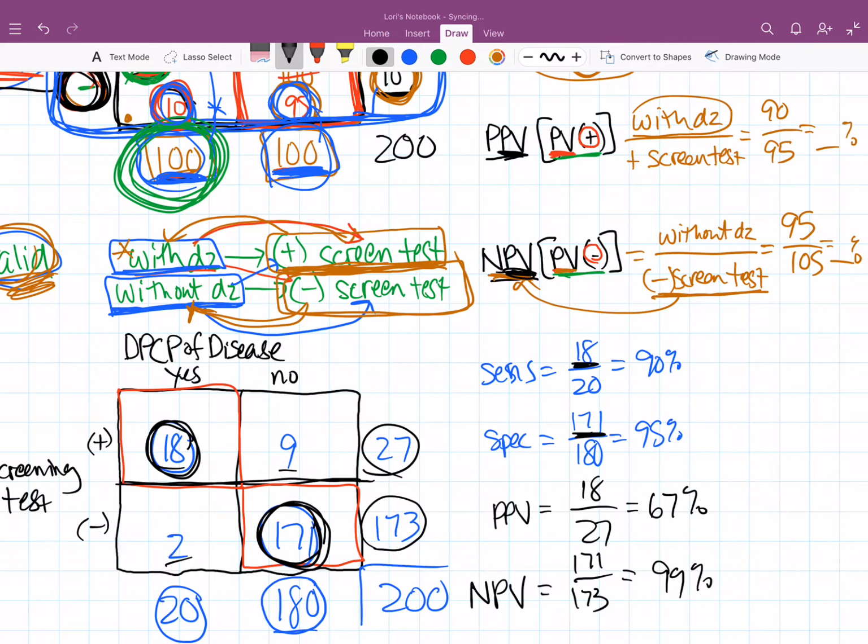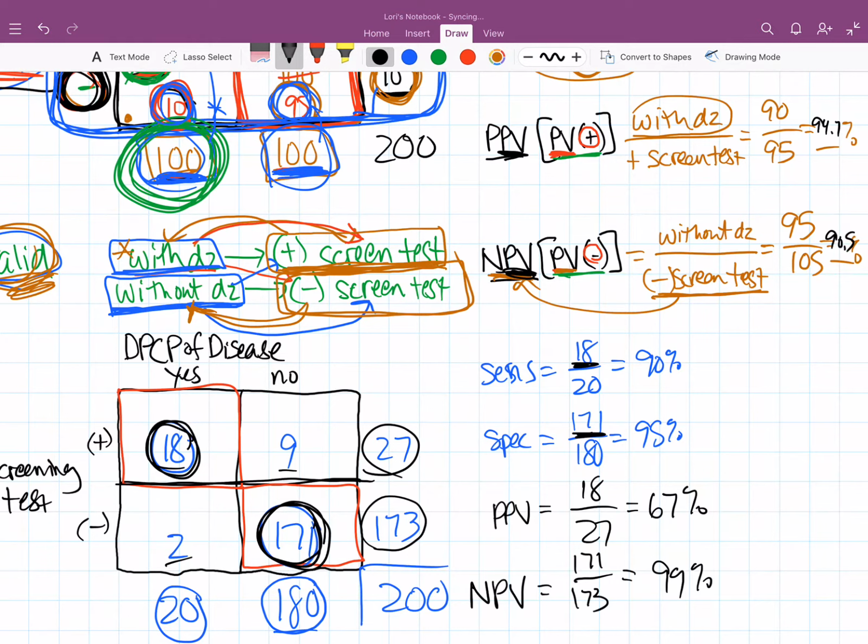So what I want to ask you, let's go back up here and actually fill in the numbers from before. 90 out of 95 is equal to 94.7, and 95 out of 105 is 90.5% of the time.